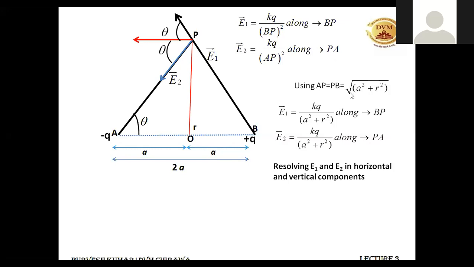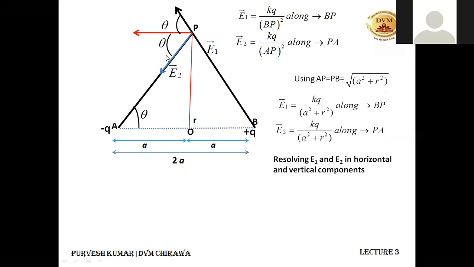When we used these values of AP and BP in the equations for E1 and E2, we got E1 as KQ upon A square plus R square and E2 as KQ upon A square plus R square. Now we need to resolve this E1 and E2 into horizontal and vertical components.